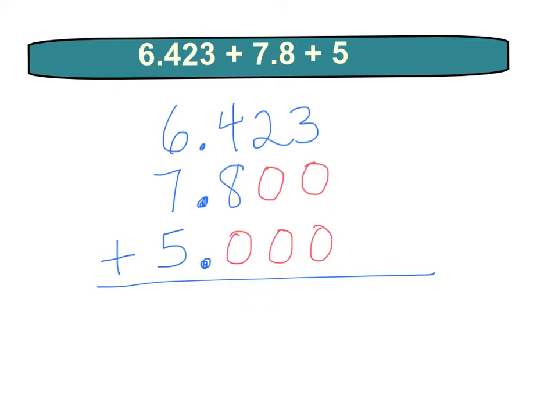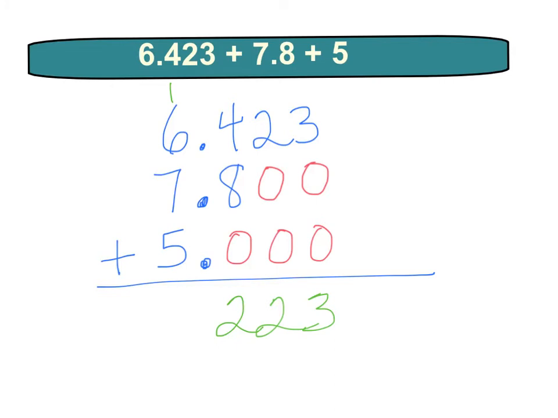So now I'm going to add. This is my thousandths place, and this is a 3. I am adding my hundredths place, this is a 2. I am adding my tenths, this is 12 tenths. I carry the 1.